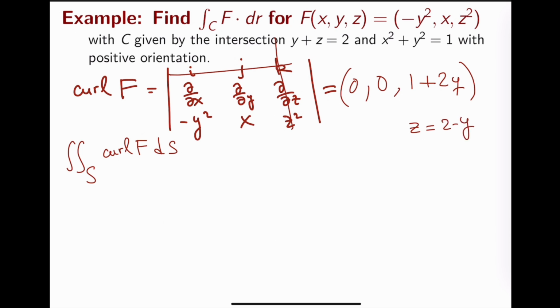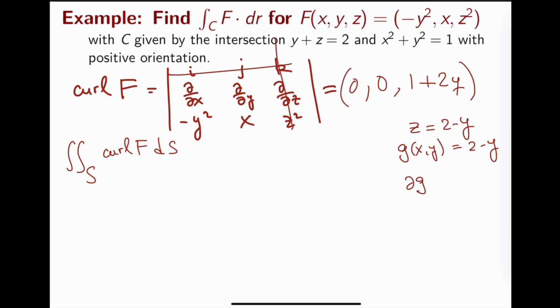So in particular, in this case, rather than finding a parametrization, it would be easier just to consider this as a function, right? Like the last method we saw in the last lesson. So this is given as a function, g of x,y equals 2 minus y. And so we just calculate here the derivatives, right?